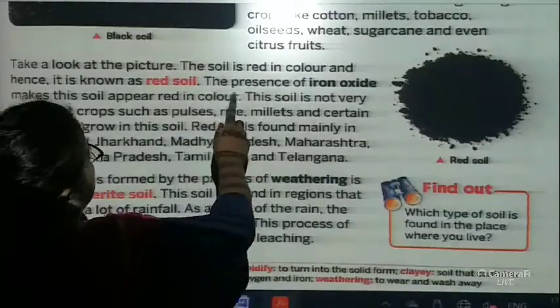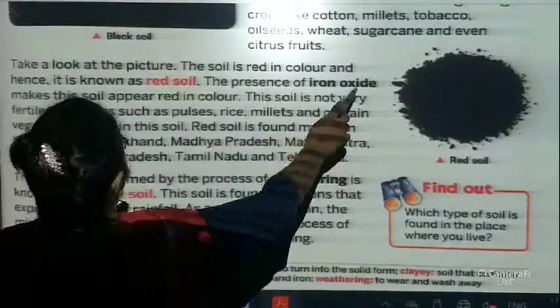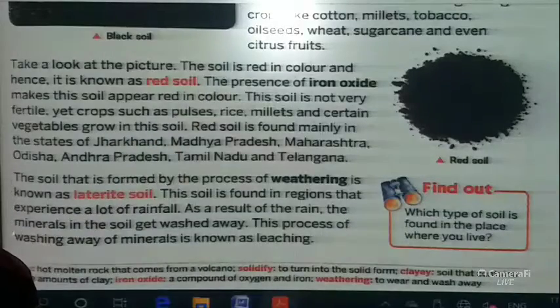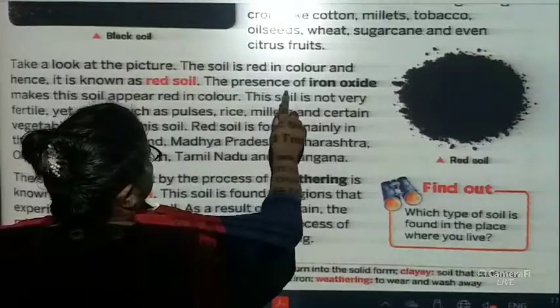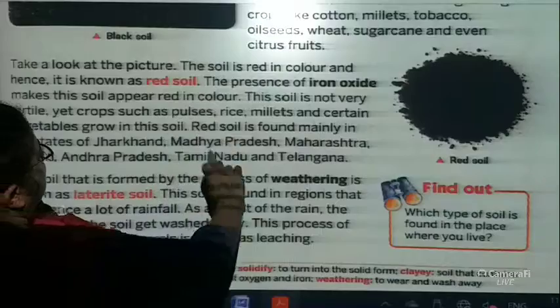Why? There is iron oxide. The presence of iron oxide makes this soil appear red in color. Okay. So why does it appear red? Because it has got iron oxide. So underline from here, children. The presence of iron oxide makes the soil appear red in color.